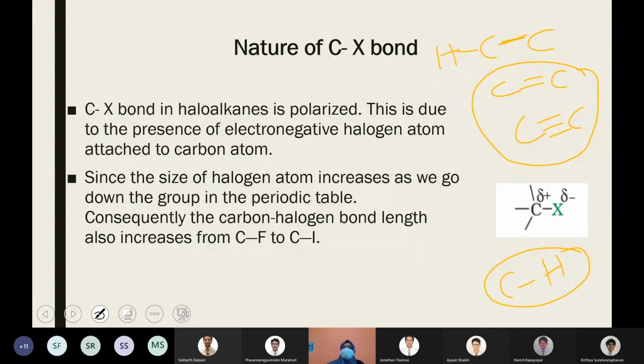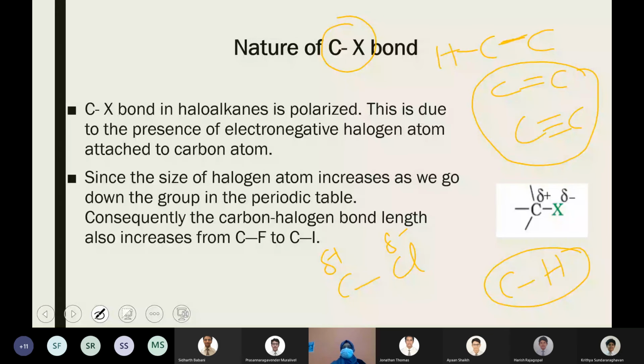But when you come to a carbon-halogen bond, carbon-chlorine or carbon-bromine, you can see that chlorine is comparatively more electronegative than carbon. So there is a clear charge separation, positive charge on the carbon atom and negative charge on the chlorine atom.